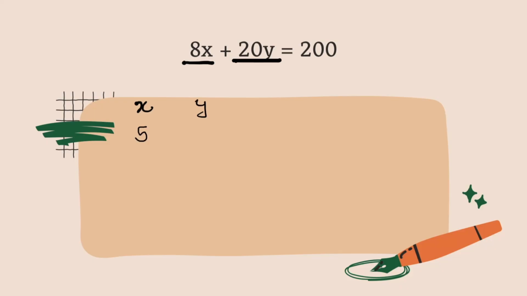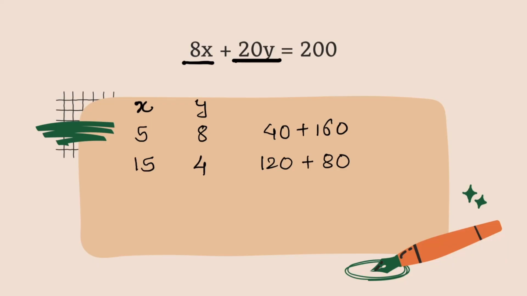When 5 is the value of x and 8 is the value of y, that is 5 into 8 is 40, 8 into 20 is 160, total 200. When we consider x as 15 and y as 4, 8 into 15 is 120, 20 into 4 is 80.